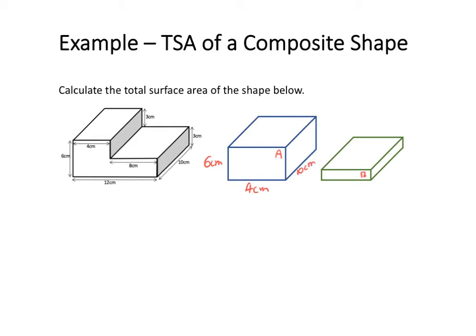Now for B it is going to be 8 centimeters, 10 centimeters wide, and this one is going to be 3 centimeters.